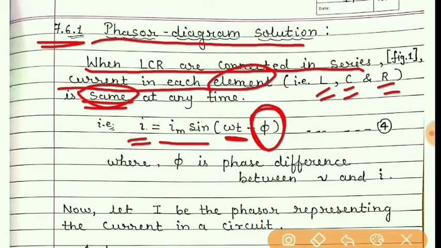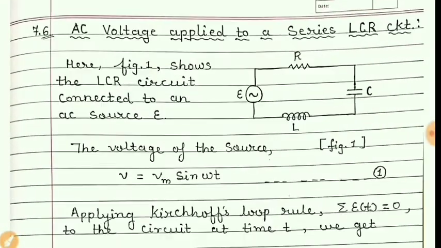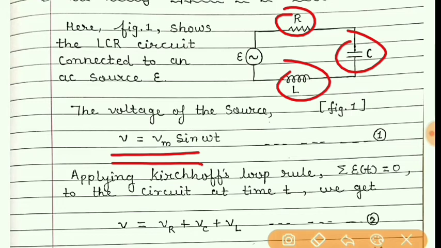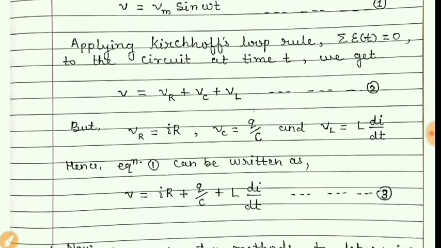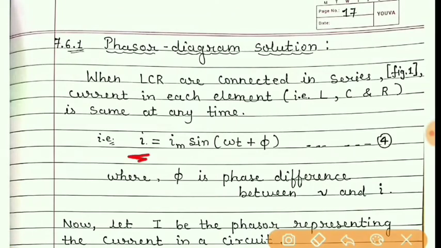There must be some phase difference phi between current and voltage, because we know that voltage is given by this equation, and when these components are connected across the circuit, there will be some phase difference between V and this current i.